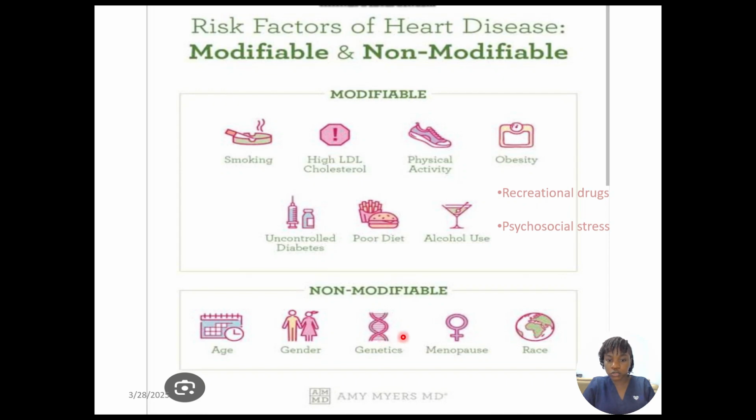Then family history, genetics, will increase a person's risk of developing acute coronary syndrome. And race: it is commoner in the Western world among the Caucasians and also the Asians. However, the incidence is beginning to increase among the Black population because of the adoption of Western lifestyle, including Western diets and sedentary lifestyle.